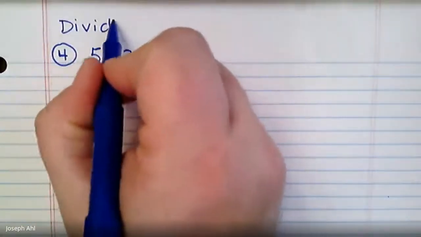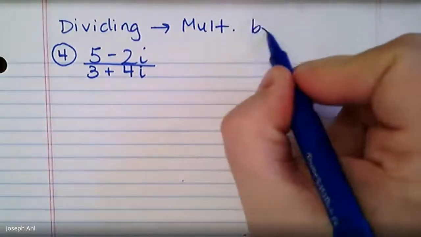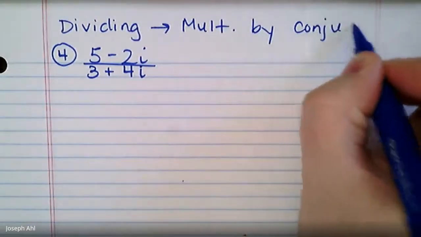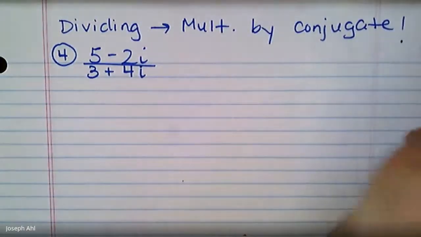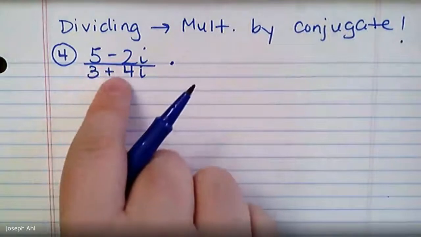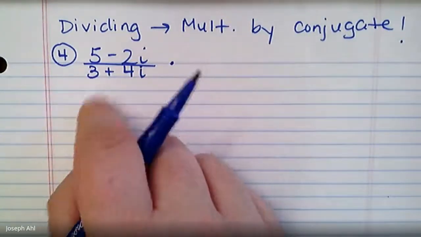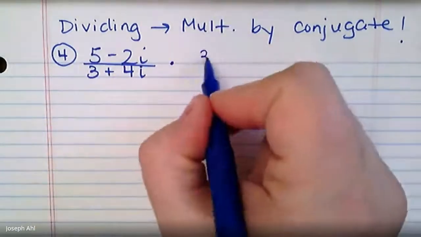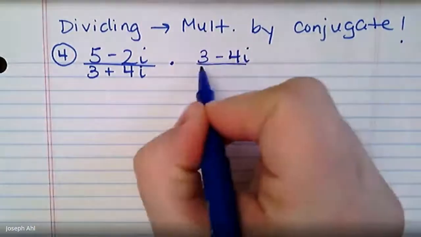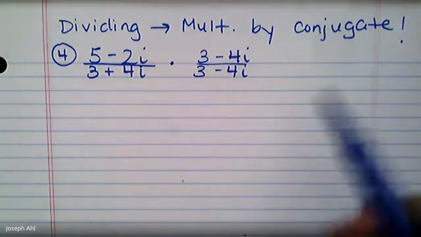When you're dividing, the idea is that you will multiply by the conjugate, just like we do for radicals. So as a reminder, what is the conjugate? And by the way, it's the conjugate of what's in the denominator. We're trying to eliminate the value of i in the denominator there. The conjugate of the denominator is 3 minus 4i. It's just changing that middle sign. Don't change anything else except for the sign in the middle.